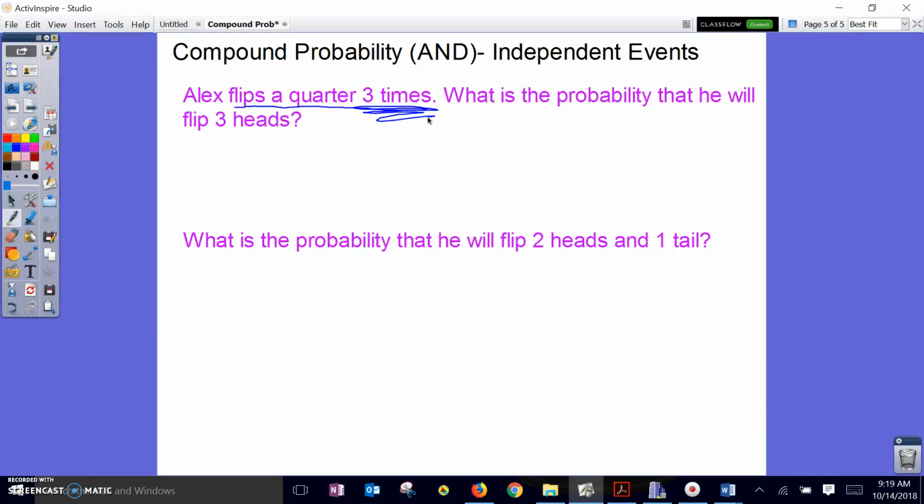So we're looking for probability of heads on the first toss times the probability of heads on the second toss times the probability of heads on the third toss will give us the probability that he flips 3 heads using this coin. And the probability of flipping heads on any coin toss is 1/2.